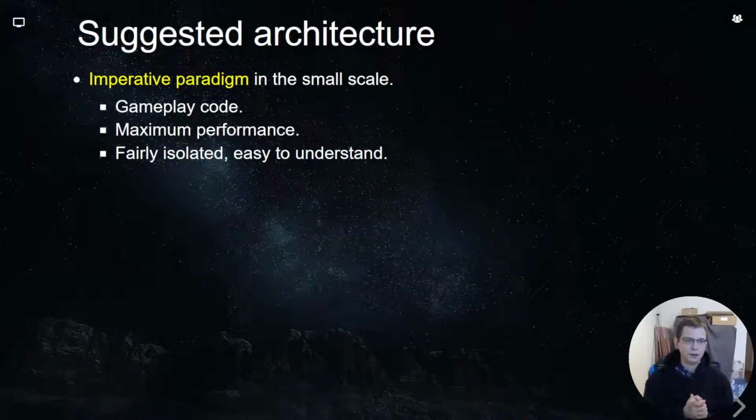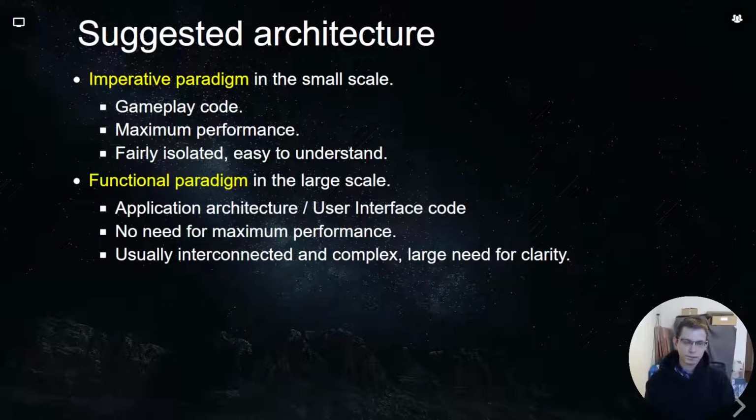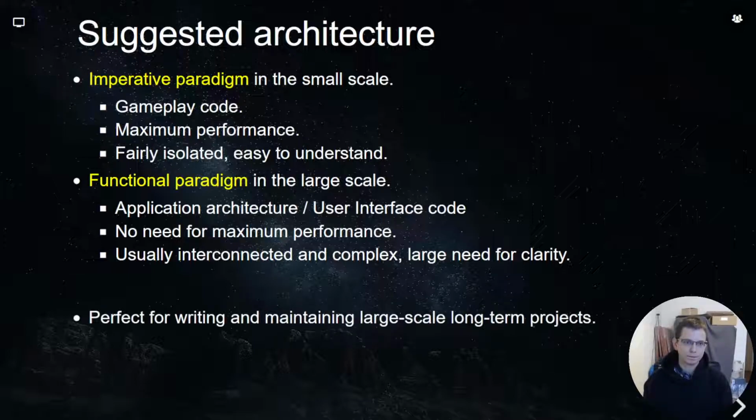Applying the imperative paradigm on the small scale, for things like gameplay code, for things where you need the maximum performance, where the code is fairly isolated and easy to understand. And then applying the functional paradigm on the larger scale for things like application architecture and user interface code, where there is usually no need for the maximum performance, but things are interconnected and complex, and there's a large need for clarity.